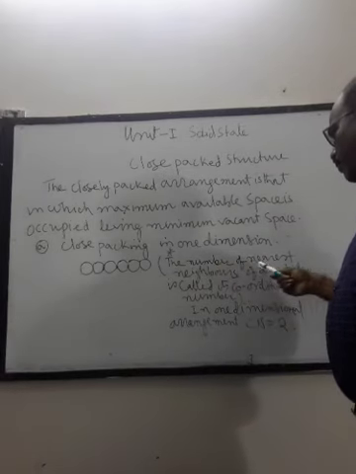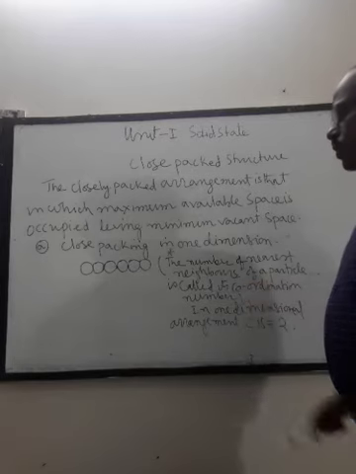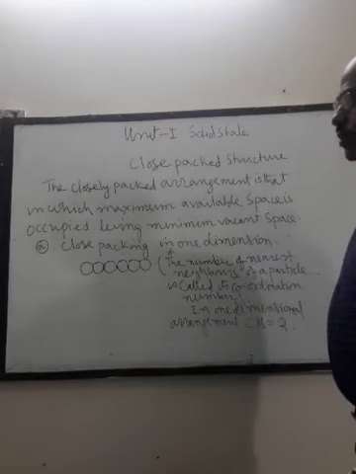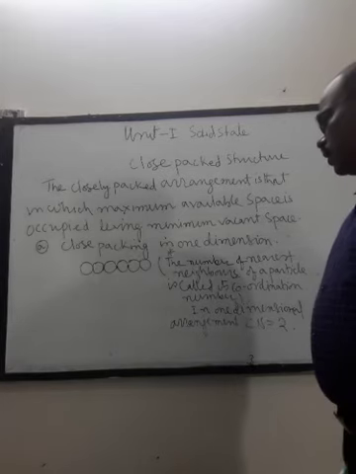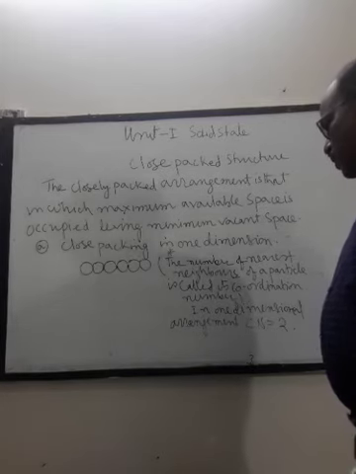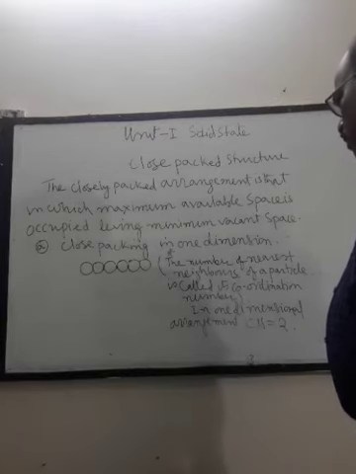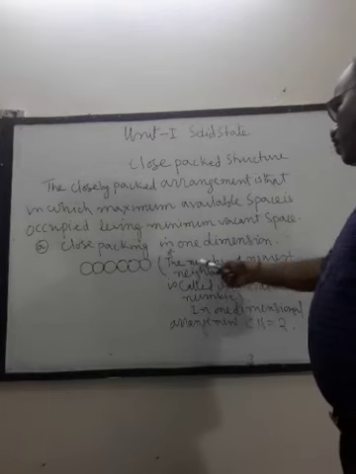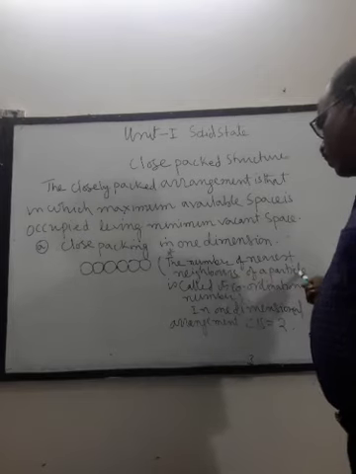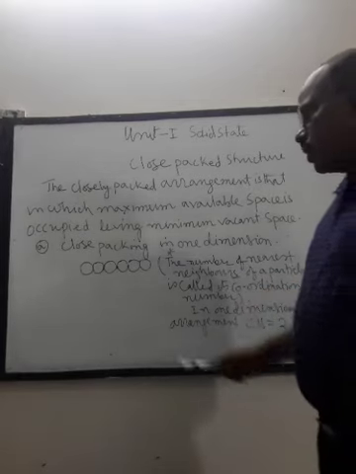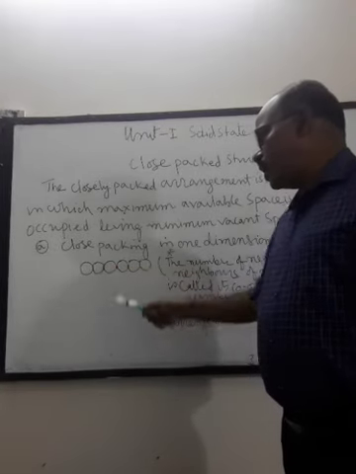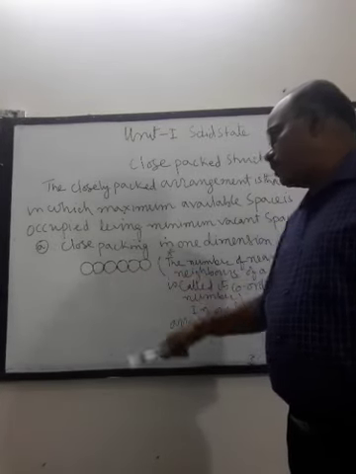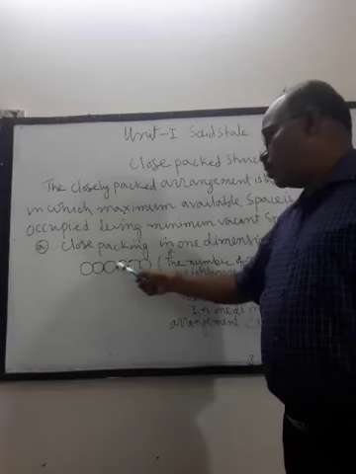The number of nearest neighbors of a particle is called its coordination number. So what is coordination number? Coordination number means number of neighbors. For example, if we consider this one, there are two neighbors. This one, two neighbors.